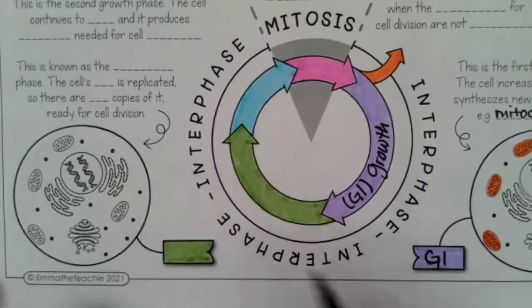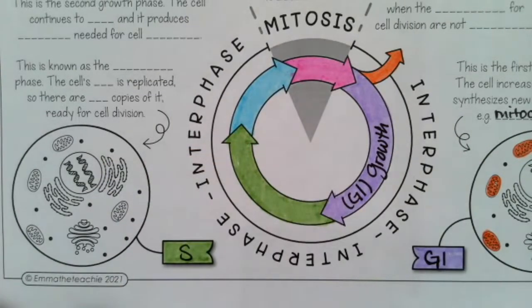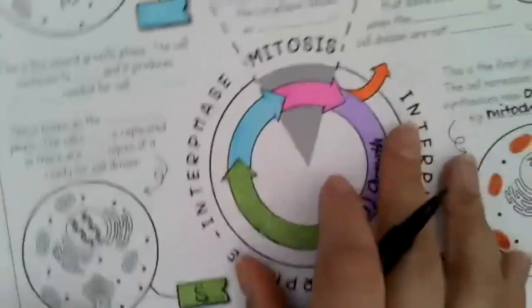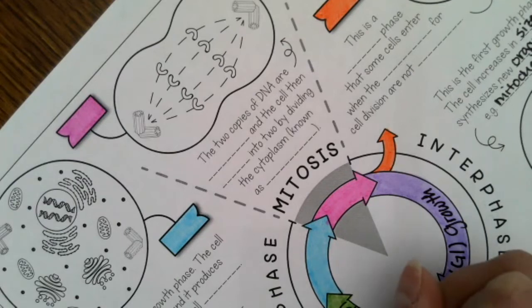All right, so this green color over here, we are going to call our S phase, okay? And S is going to stand for our synthesis phase.